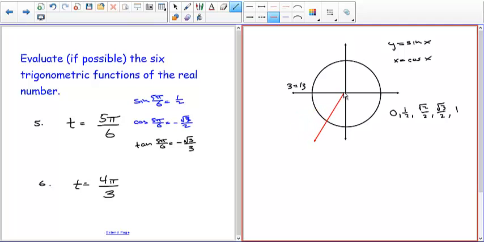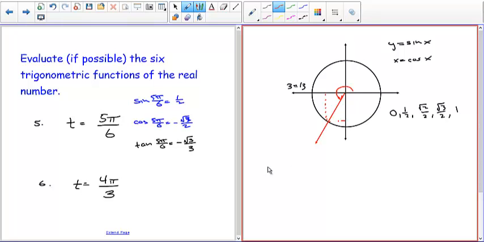This would be 2/6 or 1/3 added. So that's the location of 4 pi over 3. That's this angle. And so here's our y coordinate. Here's our x coordinate. So you see the x coordinate is going to be negative 1/2, and the y coordinate will be negative square root of 3 over 2.